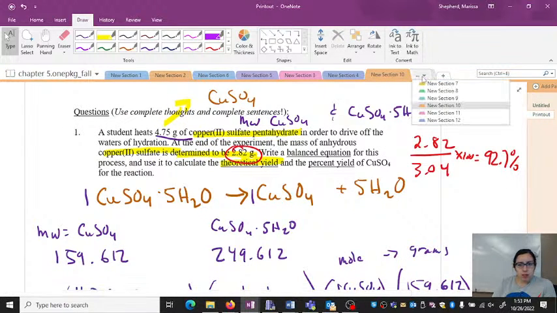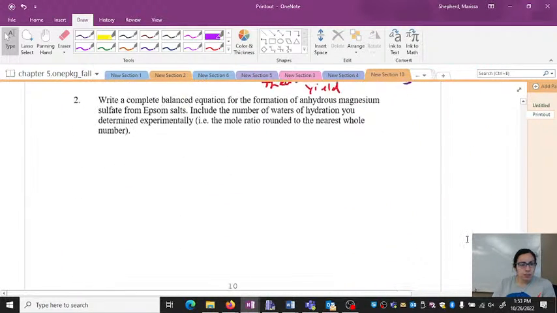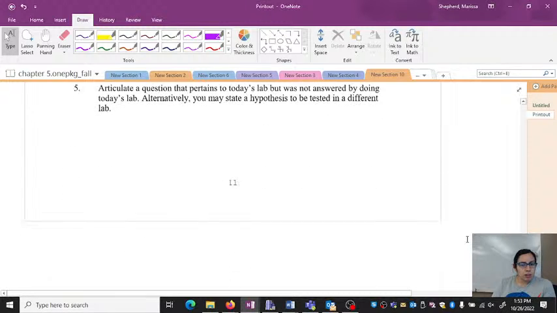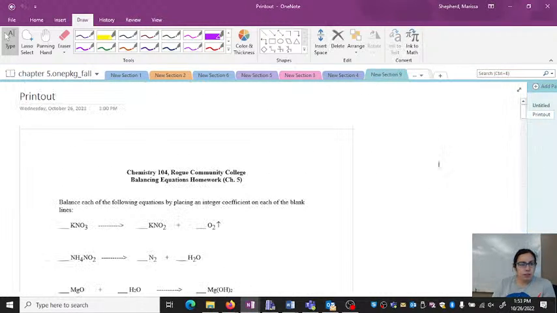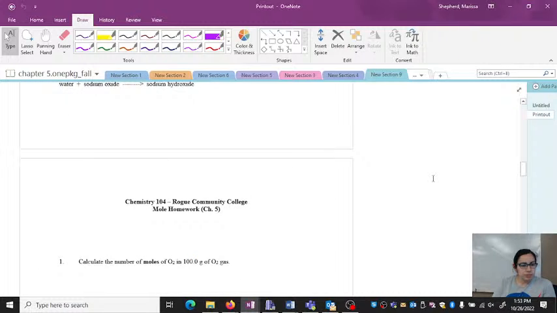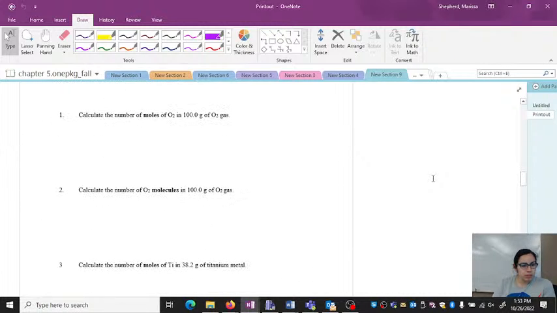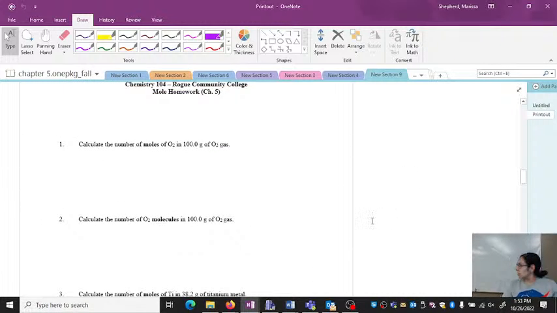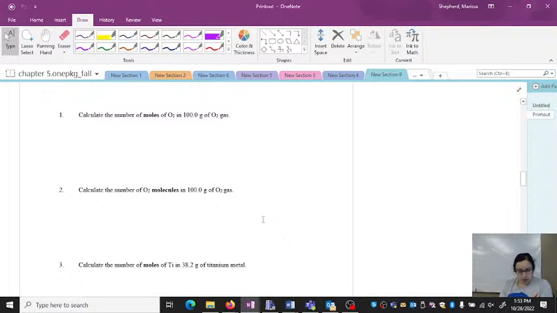So now let's look at the homework. I think that's all I wanted to cover from the lab. And so let's look at these, since we didn't quite talk about this explicitly, we just kind of mentioned it. So let's look at number 2.